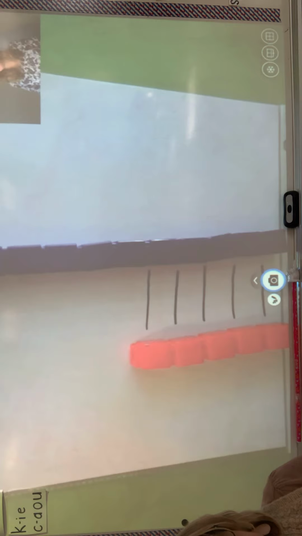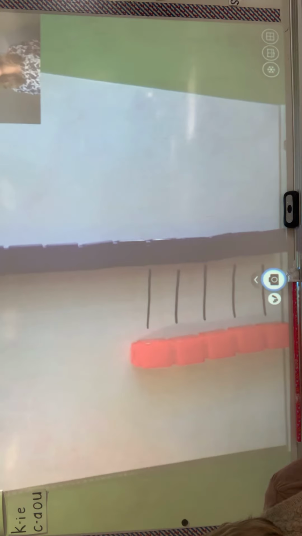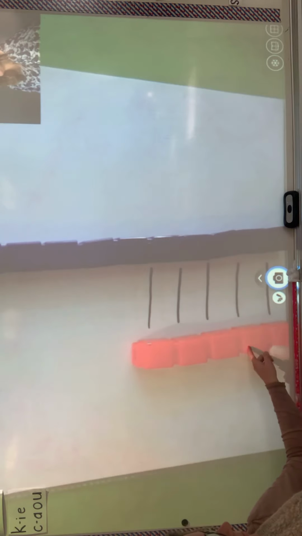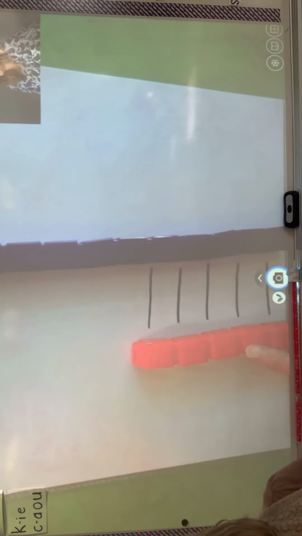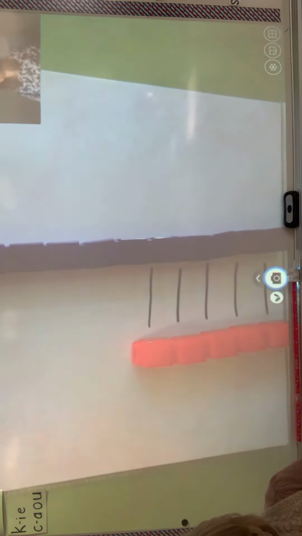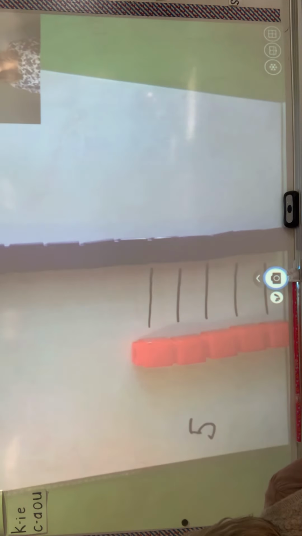We could also count each set of cubes. Let's count my cubes on the screen all together. Start with the red cubes. Ready? Go. 1, 2, 3, 4, 5. There are 5 red cubes. Now, let's look at the blue cubes. Let's count them all together.